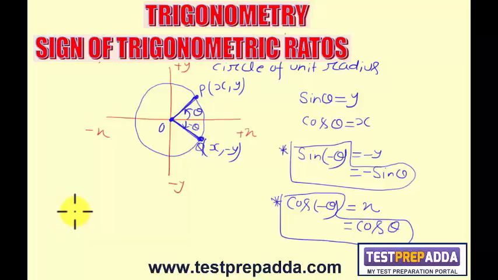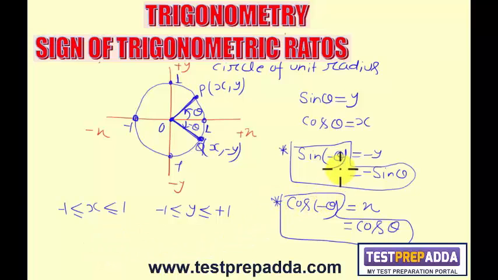So on the unit circle the x will lie between 1 and minus 1. The minimum value of x is minus 1 and the maximum value is plus 1. Similarly, for y, maximum is 1, minimum is minus 1. So I can write minus 1 less than or equal to y less than or equal to 1.